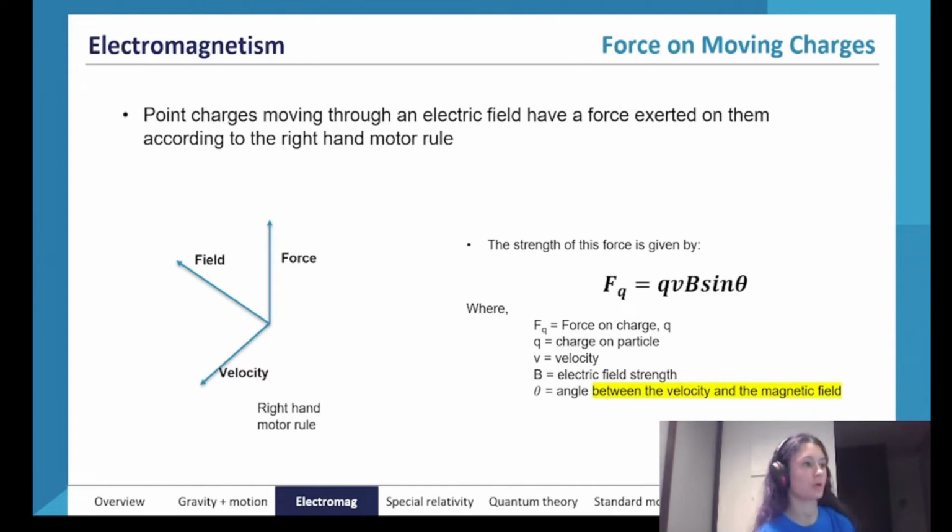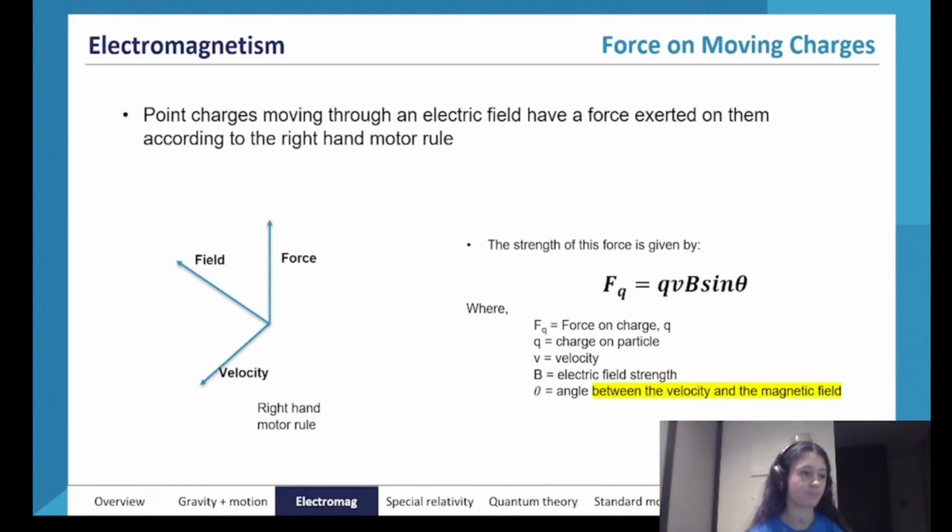But now we're getting on to moving charges. When a charge moves, it is going to generate a magnetic field. So point charges moving through a magnetic field have a force exerted on them according to the right-hand motor rule.